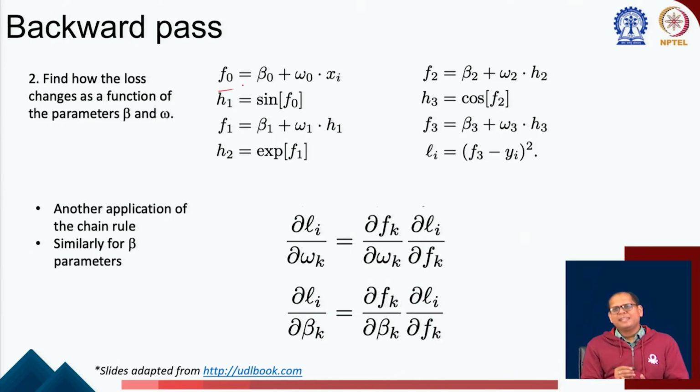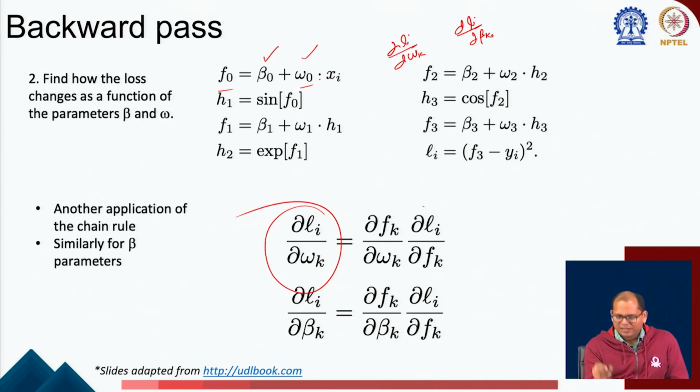But what we finally need are my parameters, the betas and W's in this toy model. So, how would I get the partial derivative of loss with respect to all these Wk and all these beta k, right. So, dou Li over dou of Wk.